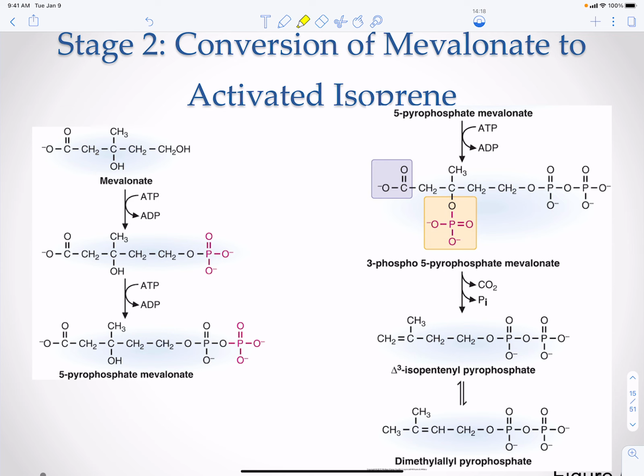So again, you have mevalonate, you have ATP, and you're going to phosphorylate, and then you're going to add another ATP, and you're going to get a pyrophosphate. And then on your pyrophosphate, you'll add a third ATP. And then you're going to get a 3-phospho-5-pyrophosphate mevalonate. So this is your number 5 carbon. And over here, of course, you have your 3 carbon. And this is your 5. There it goes.